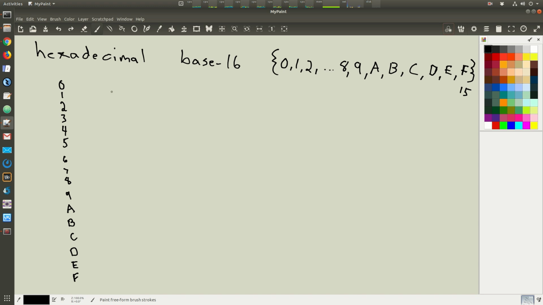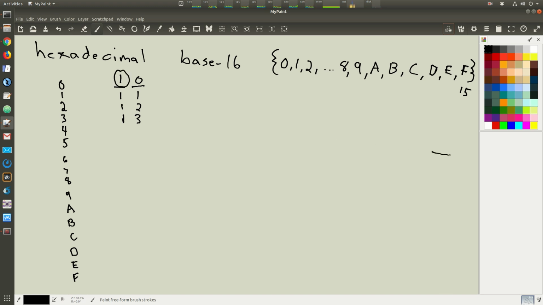Alright, so what do we do? We have to add a new digit. Okay, so we have 2 digits now, and we put a 1 here, and we start over. 10, 11, 12. But this isn't actually 12, it's just 1, 2. We're representing numbers in hexadecimal. Okay, so a 1 over here actually represents the number 16. This is the 16th place.